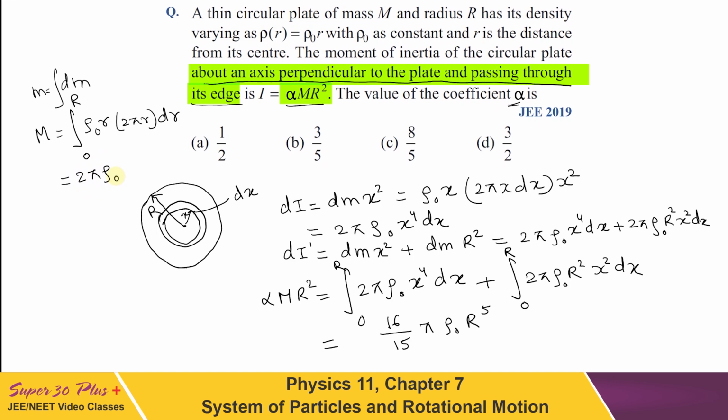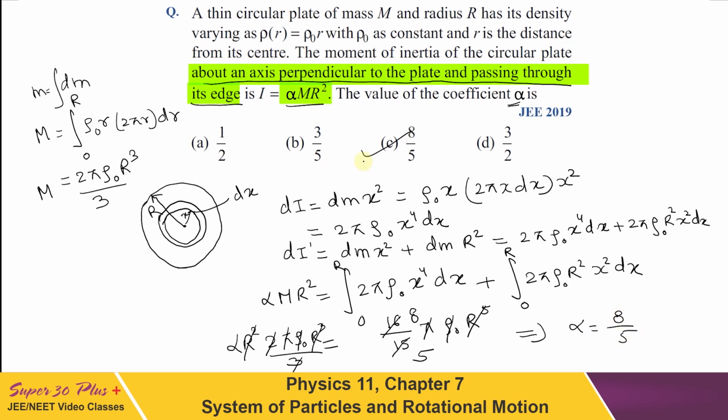Now this becomes integration of r square dr, that will be r cube upon 3. So this is the value of m. If I substitute the value of m on the left hand side, that will give alpha r square into 2 pi ρ0 upon 3 r cube. From here r5 got cancelled, ρ0 got cancelled, pi got cancelled, this is 5, this also is 8, and we got the value of alpha to be equal to 8 by 5, which is our option number 3.